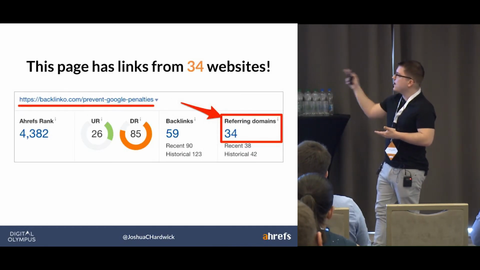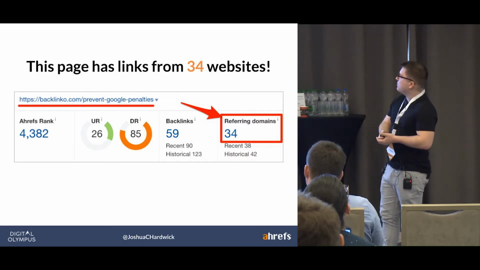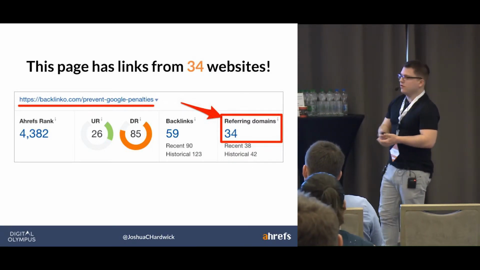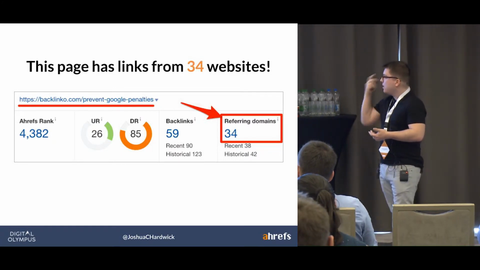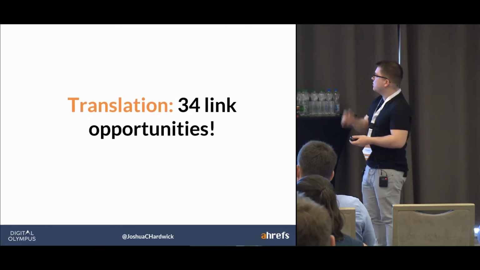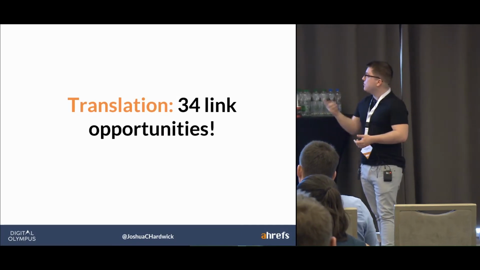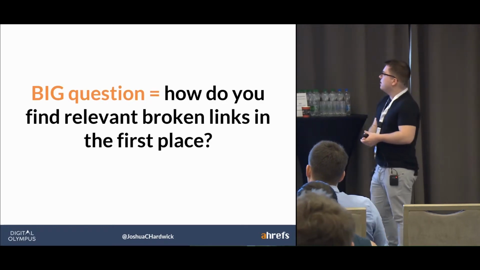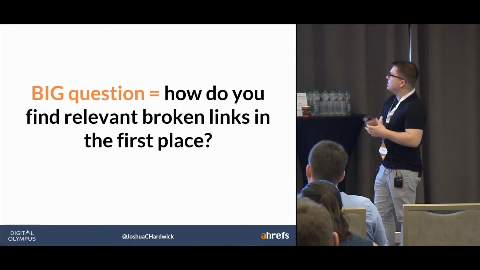So if you throw the dead URL into a backlink checker, for example Ahrefs Site Explorer, you can see that we've got 34 referring domains, so 34 unique websites linking to this dead page. The translation of that is that you've got 34 link opportunities. You can reach out to those 34 people and request that they change the broken link to your link instead.